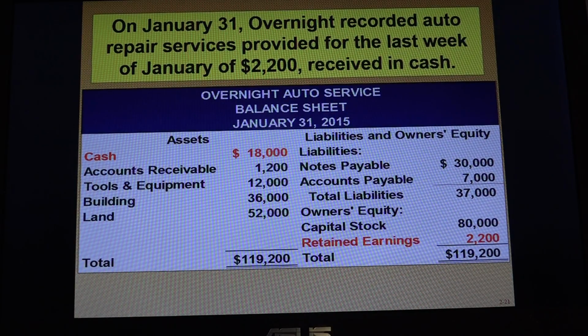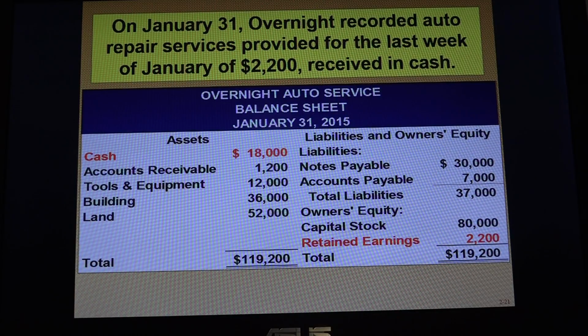Now, retained earnings and net income in that first year equal each other. That's not true in later years. Remember, this is the first month of this company. So net income and retained earnings are one and the same.